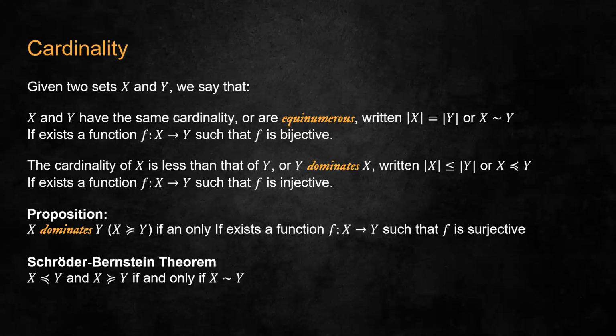And now the interesting thing is, if we have two sets and we know that X dominates Y and Y dominates X, then it is the case that they have the same cardinality. That is, they have the same number of elements.